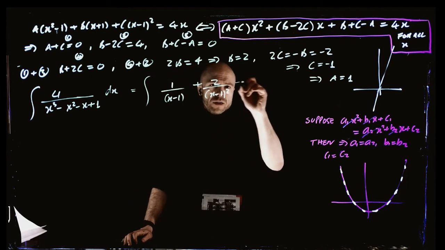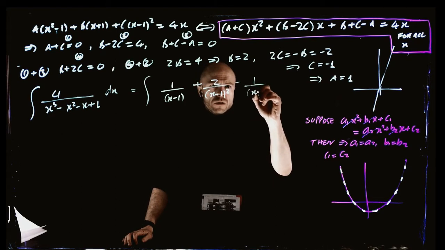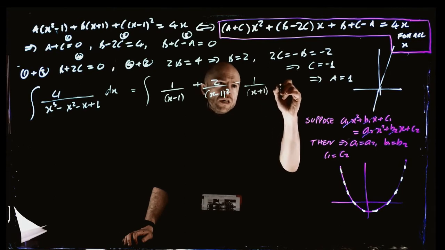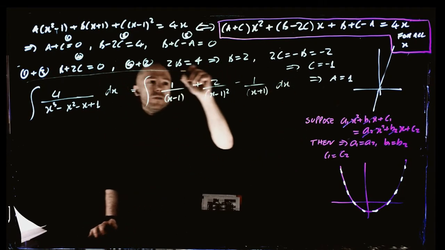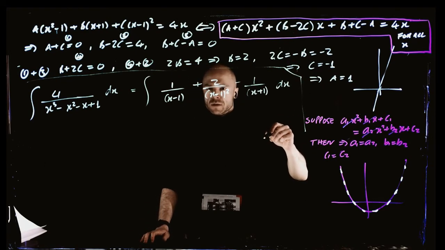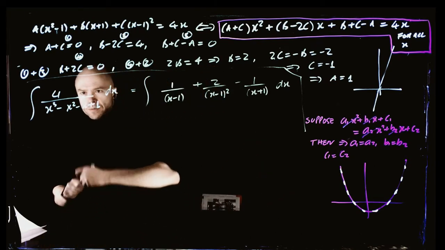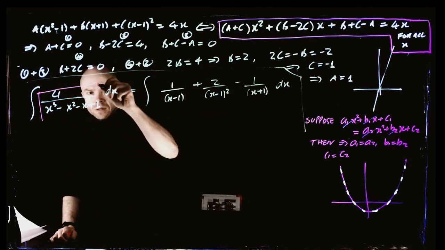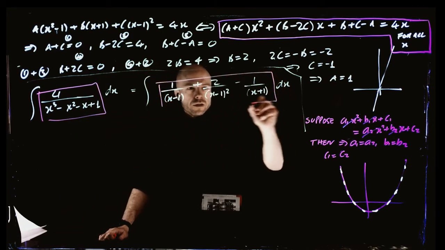And then the c is -1, so -1 over the other term, which was x plus 1, dx. That is what we now have as a result of doing this stuff. Okay? Because what this algebra just told us is that this thing can be written like this thing. That's how we started on the other board, right?